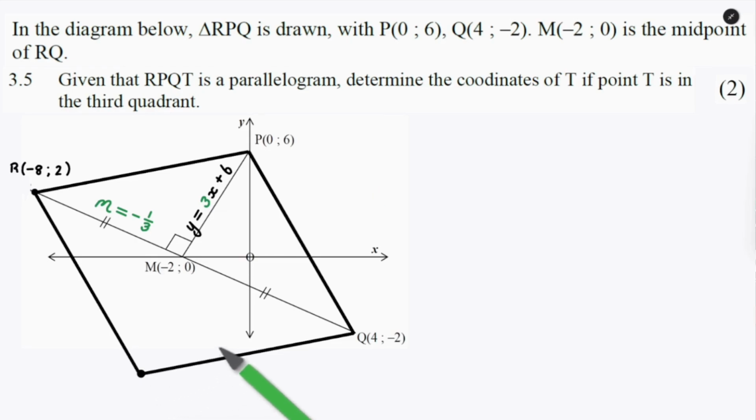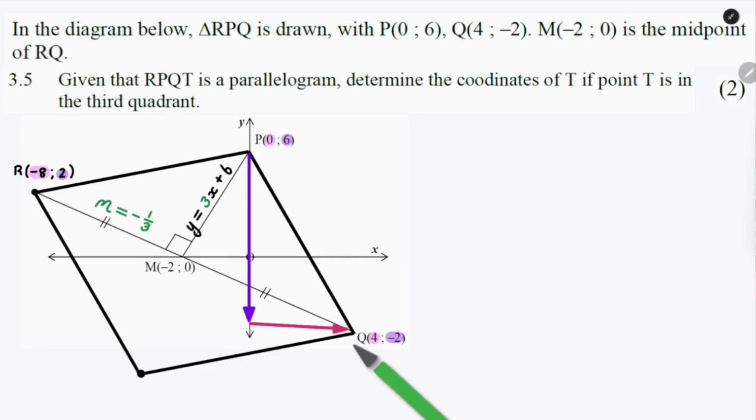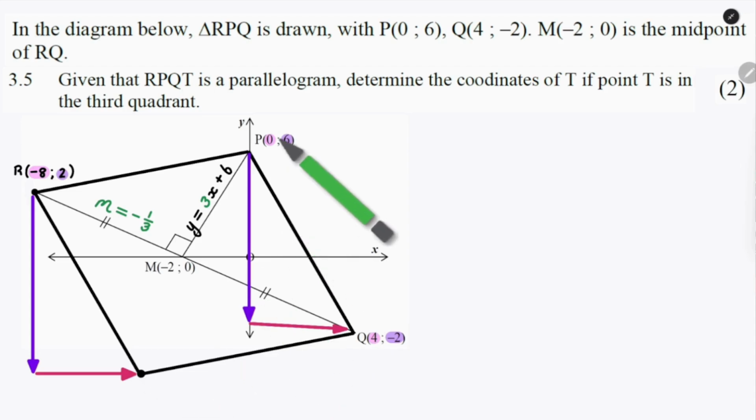Now we're going to analyze our gradients to pull this off, like so. Whatever I do to get from this point to this point, so however much I go down and across, is the same as what I'm going to do to go from this point to this point. So I'm going to go down the same length and across the same length to get to T. So let's see how much we go down. We're going from 6 to -2, which tells me I'm going down 8 units.